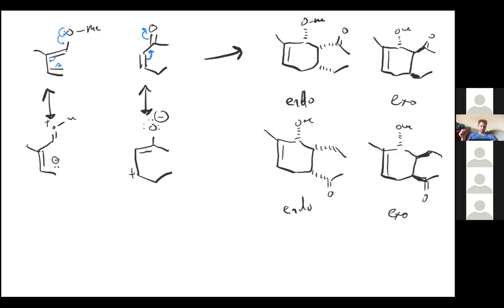And now we have a negative charge here. So if we try to line these two up, it works well to generate this as is.